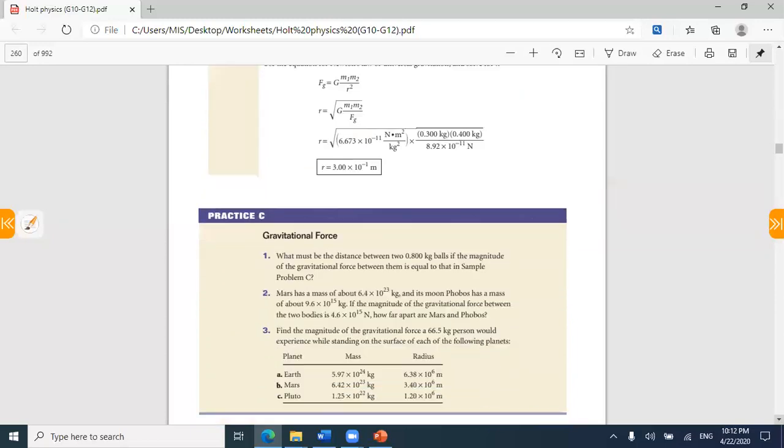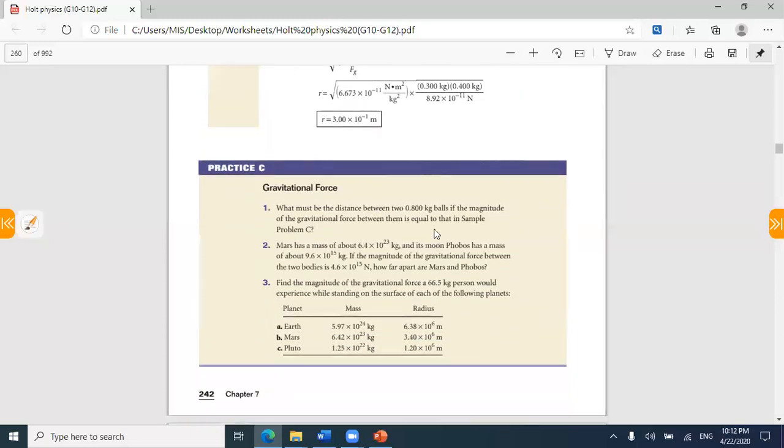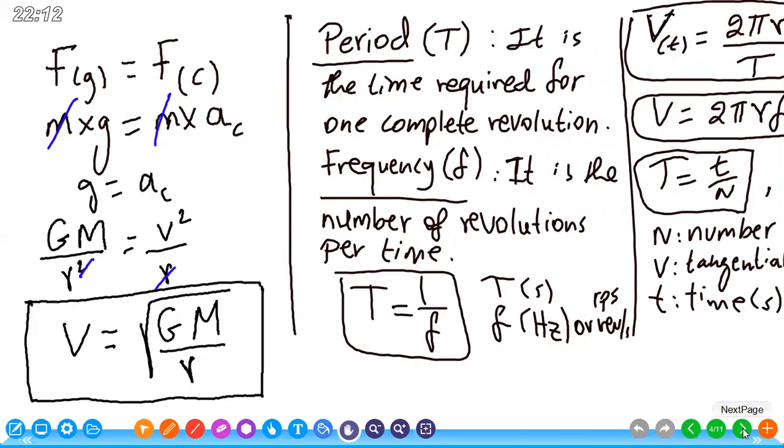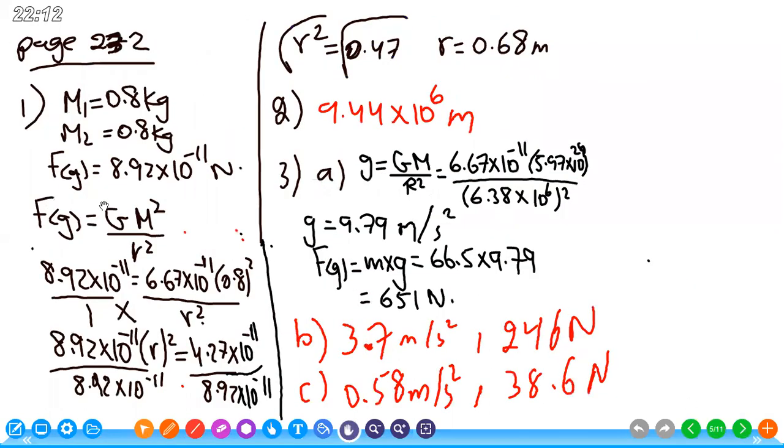So let's come to the practice. What must be the distance between two 0.8 kilogram masses? In this case, F_g is G m1 m2 over r squared, but since m1 and m2 are identical, I can say G m squared over r squared.